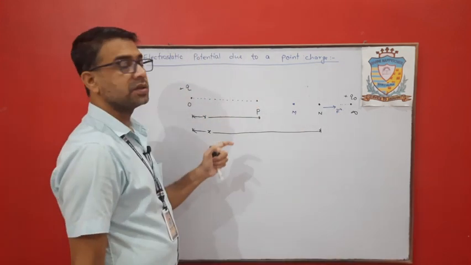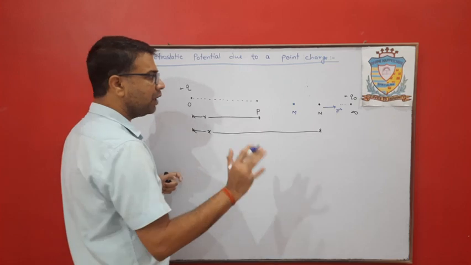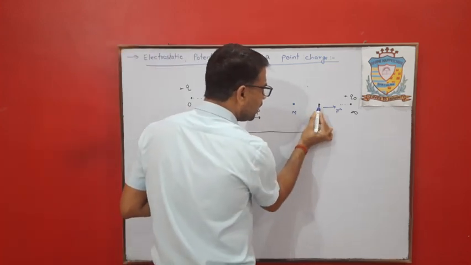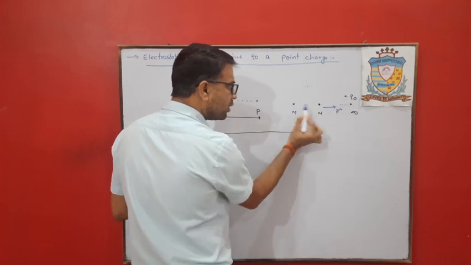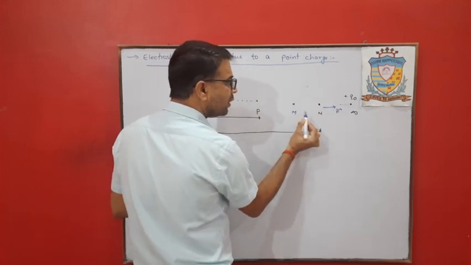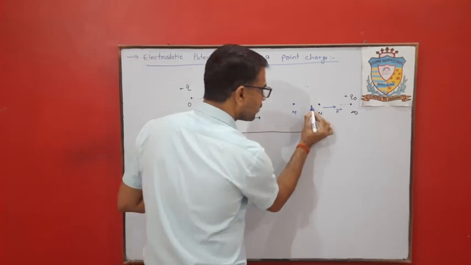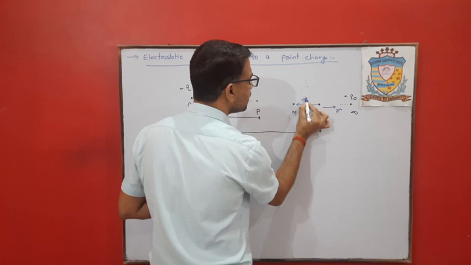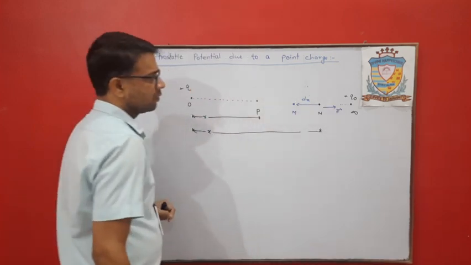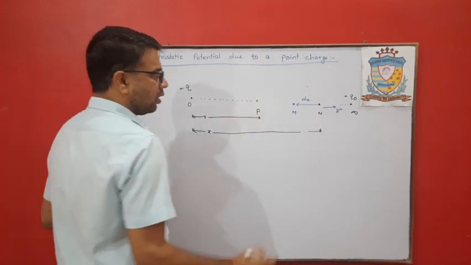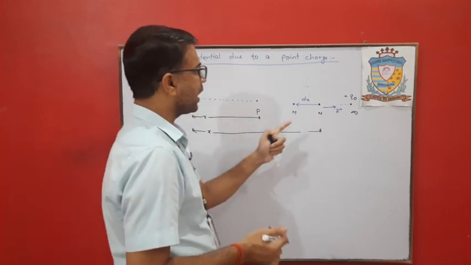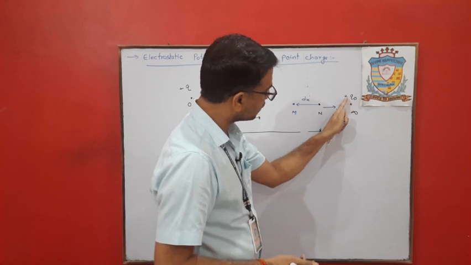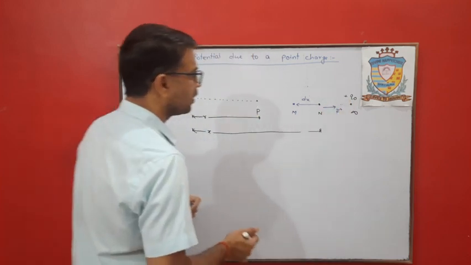Clear? If we move the charge towards point M, we have to do some extra work. Let this distance be dx. Now we have to do some extra work to move the charge Q naught in this direction.